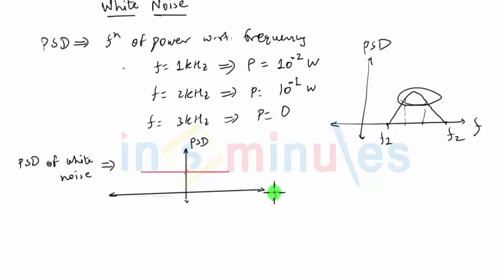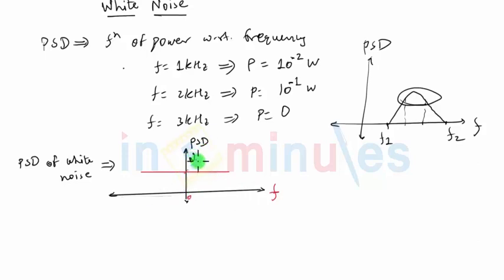This simply means that you put any value of the frequency, DC 0 Hz, 1K, 2K, 100K, 1 megahertz, minus 1K, minus 2K. This is the two-sided representation. So we are plotting PSD with respect to positive as well as negative frequencies. Whatever value of frequency you put, you get the constant power.